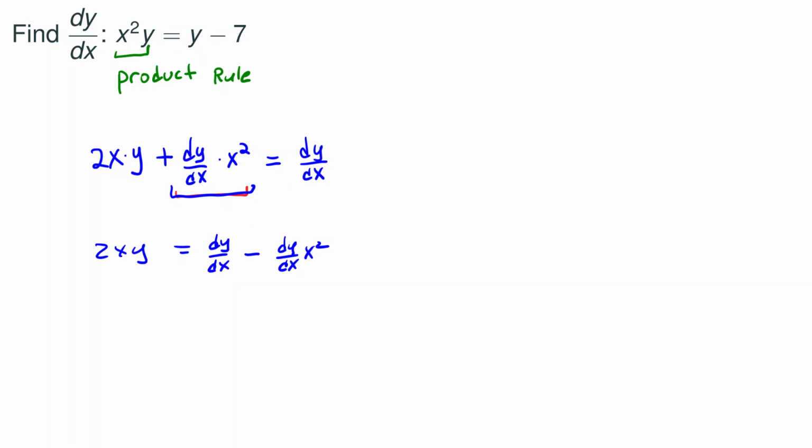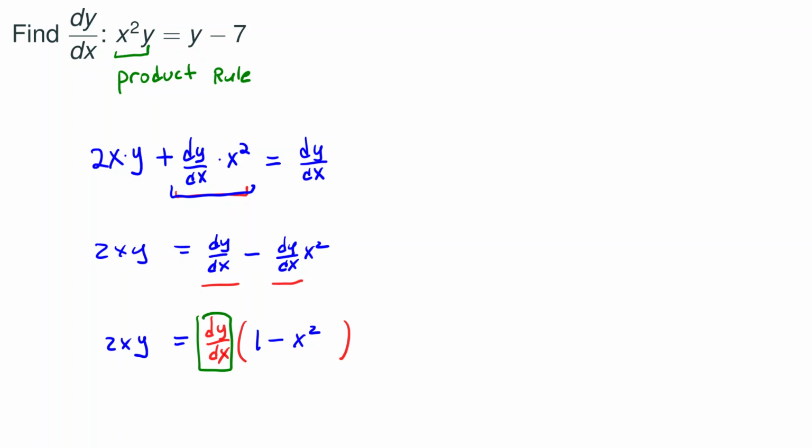So then, again, our goal is to solve for dy/dx. So here I'm going to factor dy/dx out. I'll factor dy/dx on the right side of the equation. Then I get 1 minus x squared. The left side is just 2 times xy. So for the final answer, we need to, again, isolate dy/dx.